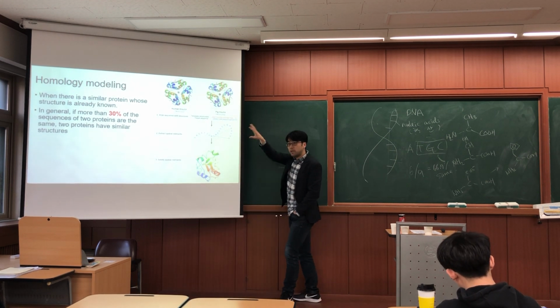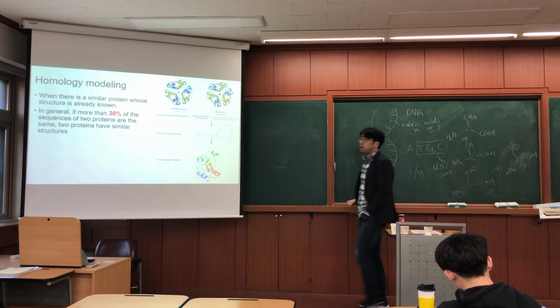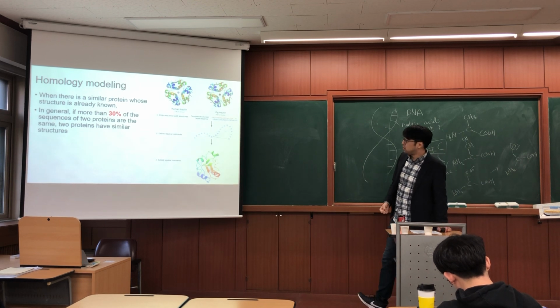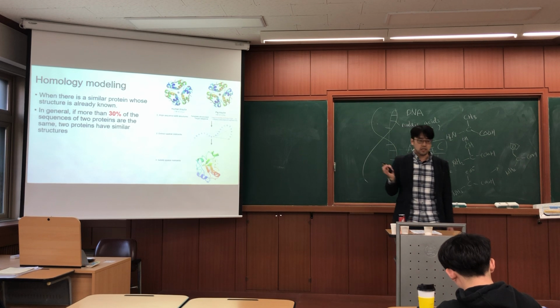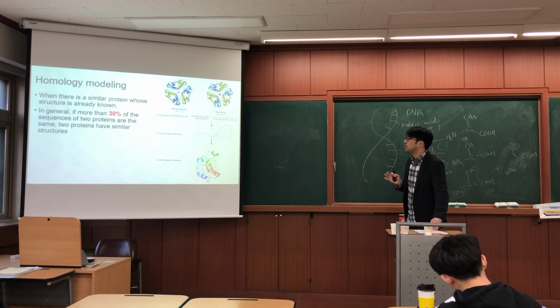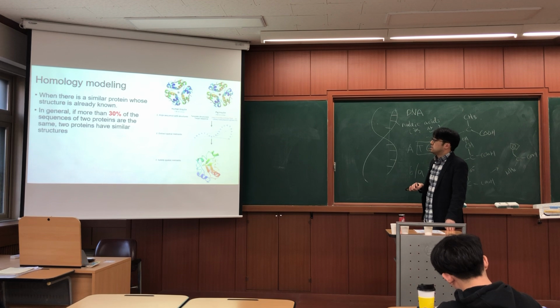Then from there we can model the structure of an unknown protein, which is like a puzzle. This is the concept of homology modeling. During the practice session, some of you may have already done it, and if you have not, you're going to practice this homology modeling.